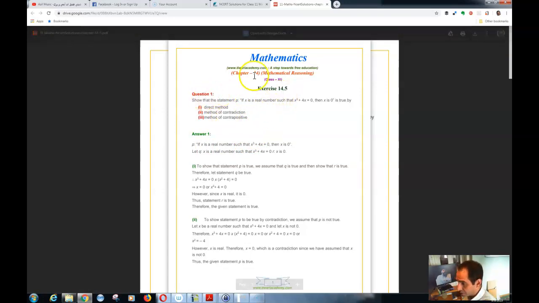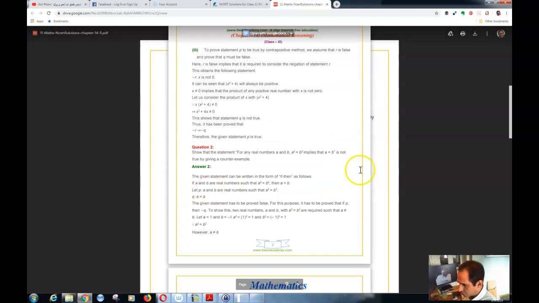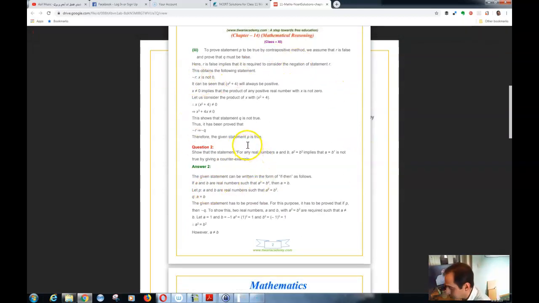These are the solutions. So the question is, for example, show that the statement P is true by the direct method, method of contradiction, and method of contrapositive. And you get all of these solutions over here in the form of a PDF file that you can download to your computer as well.